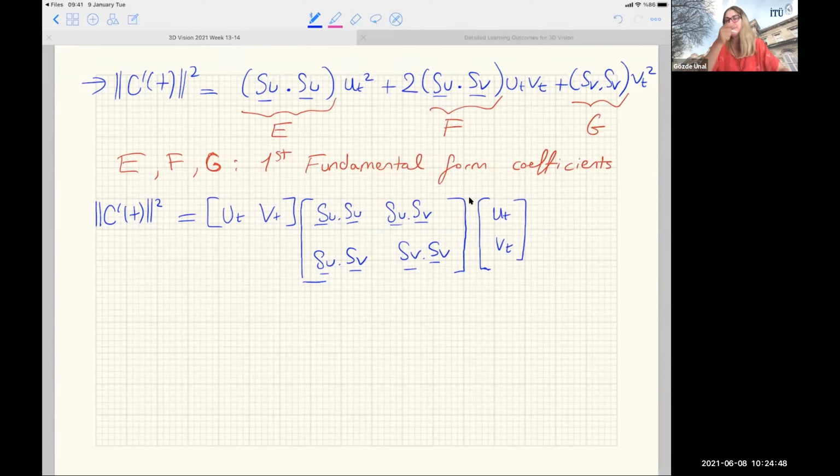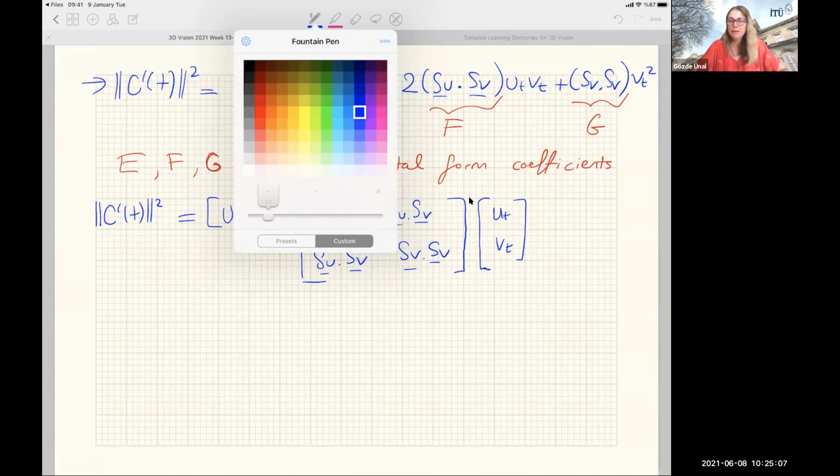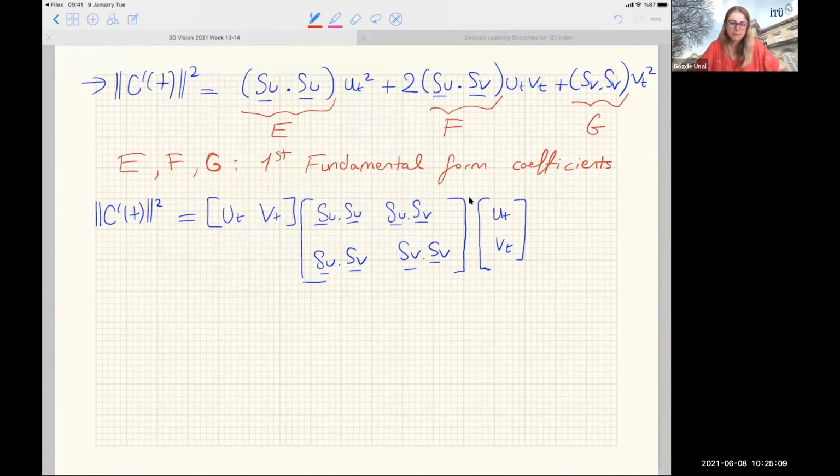If that was the identity, I would be in Euclidean space, and my C prime of t squared would be just the dot product of U prime of t, V prime of t with itself. But for a curved surface, that is not the identity. It doesn't have to be the identity; it could also still be equivalent to a Euclidean space, but we will see.